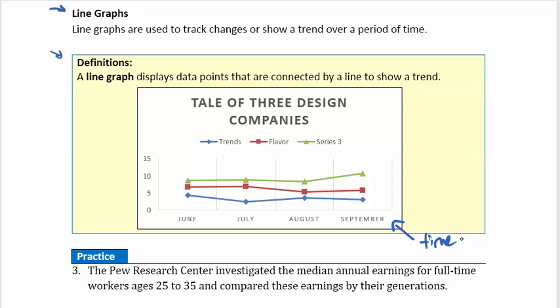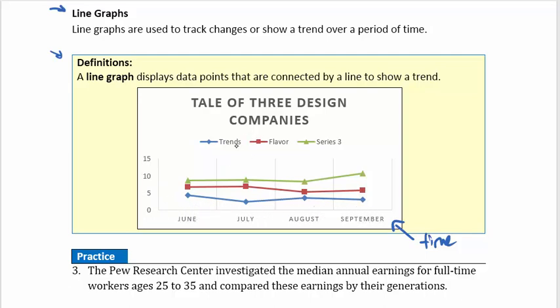Now, like I talked about last time with independent and dependent variables, time is the ultimate independent variable, because time marches on regardless of anything else. So time here is my independent variable, and whatever I have listed over here, I just made this graph up quickly, I'm not sure what these were supposed to represent, but these values depend on the month of the year. So this is the dependent variable, this is the independent variable down here.